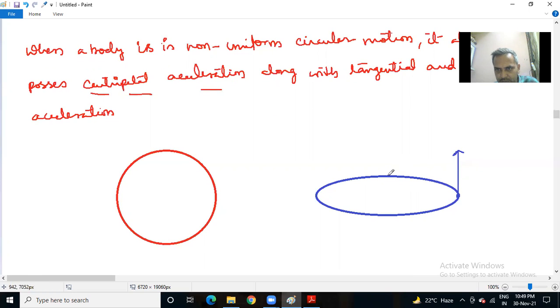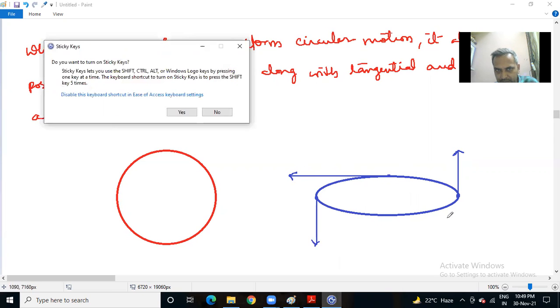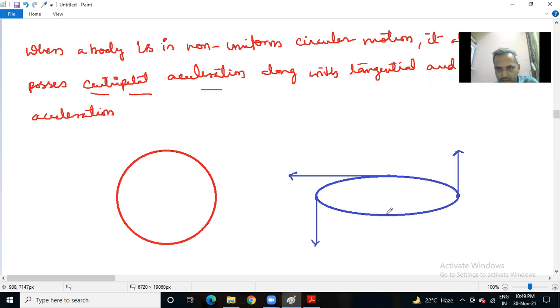When the particle comes here, this will be the direction of velocity. There is always a constant change in the direction of velocity, due to which it possesses tangential acceleration. The direction of velocity and tangential acceleration are the same.